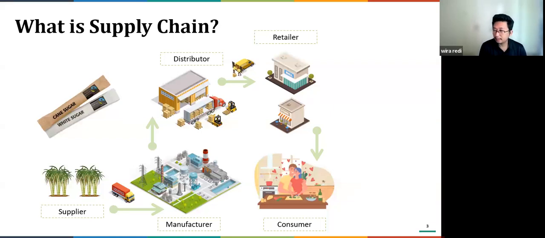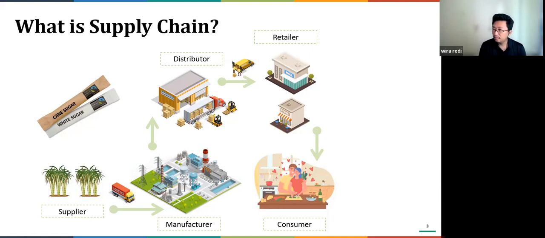The goal of these chains for an organization would of course be to minimize the system-wide cost, not only from one party to another party. For example, if we only think about from the retailer to our hand, how to make it the lowest cost possible, maybe it will not be fair to the distributor.